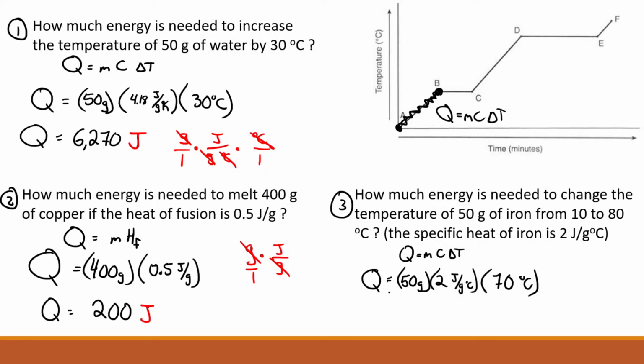We plug this in and solve. We're going to get 7,000. And our unit math is going to be the same as it was in our first problem, where grams and degrees Celsius cancel out, leaving us with joules as our answer.